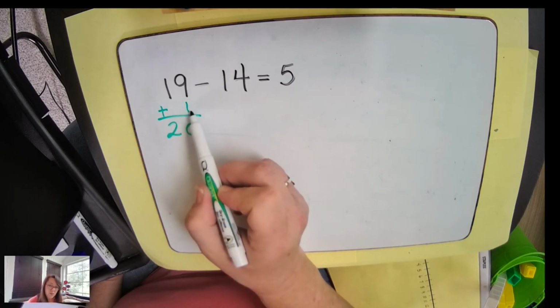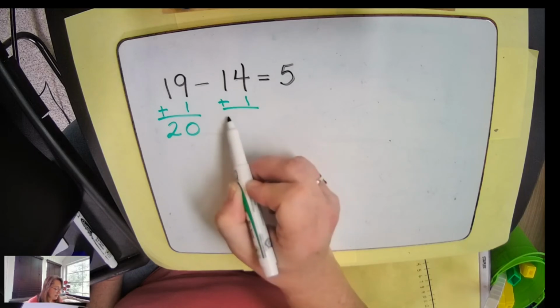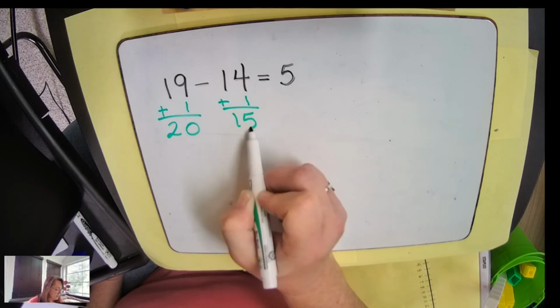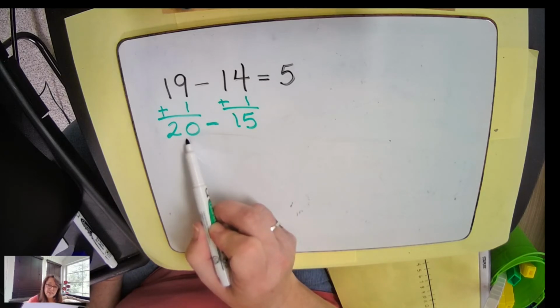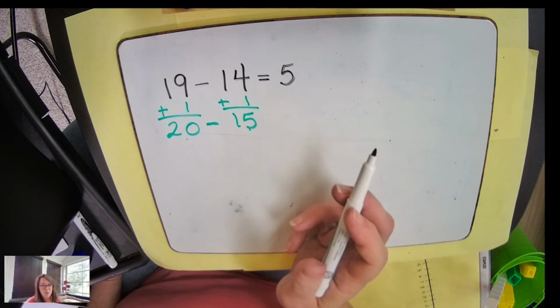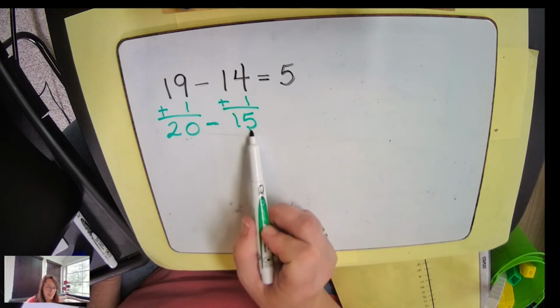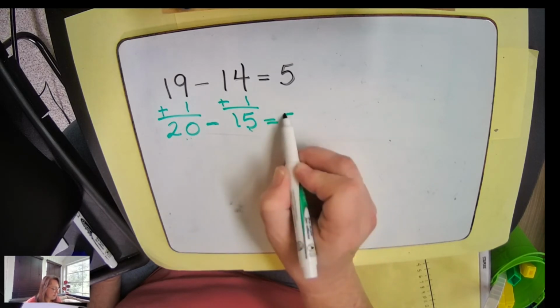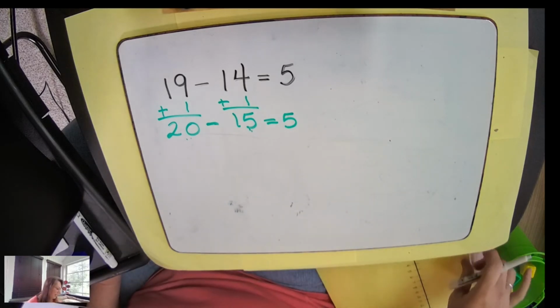So since she added 1 to 19, she can add 1 to the 14 and now has 20 minus 15. And when we count by fives, we know that the difference between 20 and 15 is 5. Let's double check that strategy.